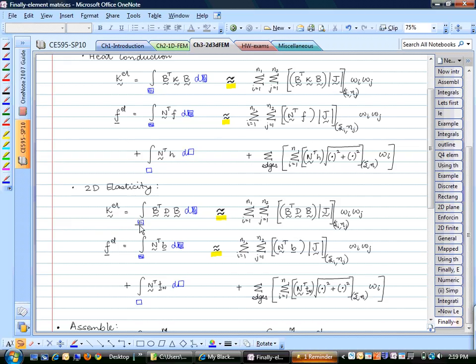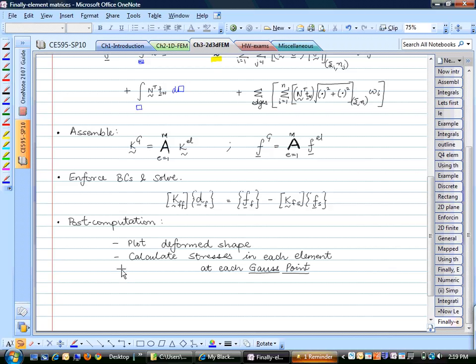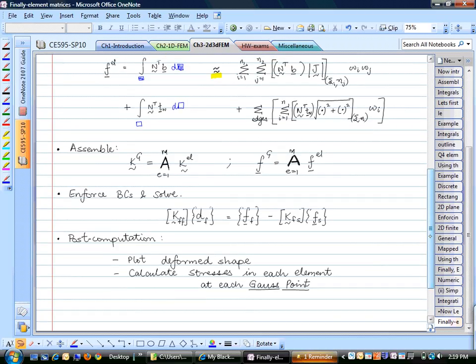The dimensions are also different because this is going to be 8 cross 8 and this is going to be 4 cross 4, because this B matrix is 2 cross 4 in this case. So finally, you can assemble all of those element stiffness matrices, solve your boundary condition, and then do some post computation. So we'll take a look at this post computation for Q4s next time.